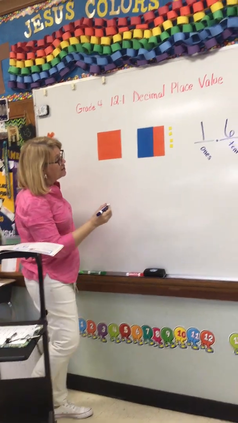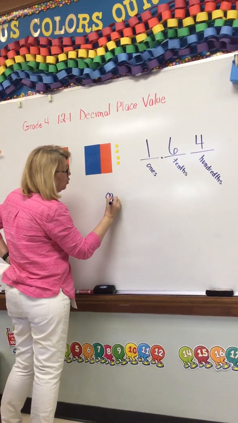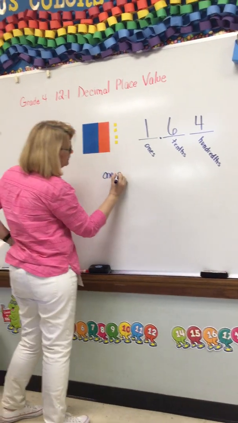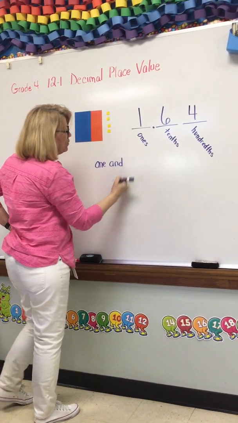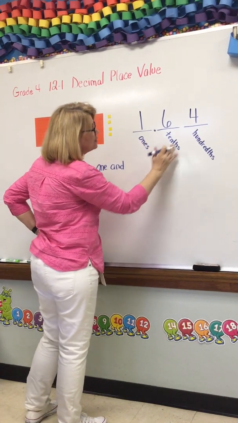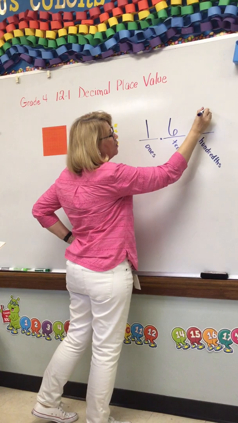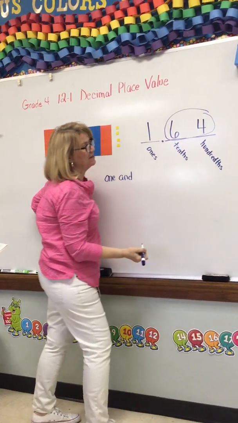You would write this 1 and, now I wouldn't say 1 and 6 tenths and 4 100ths. Let's look at this like that.